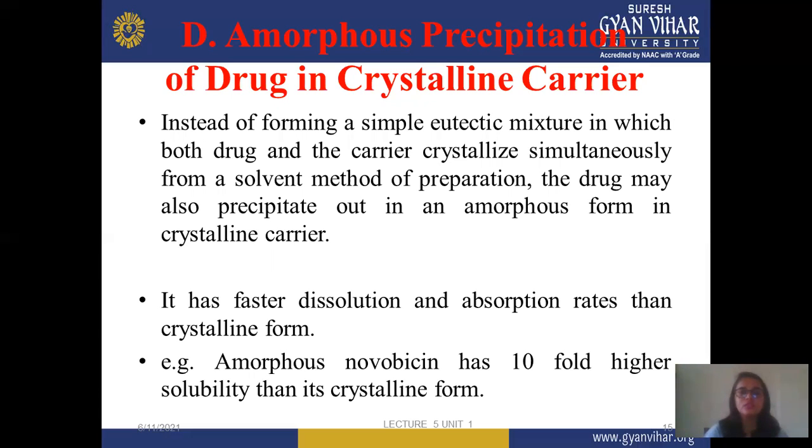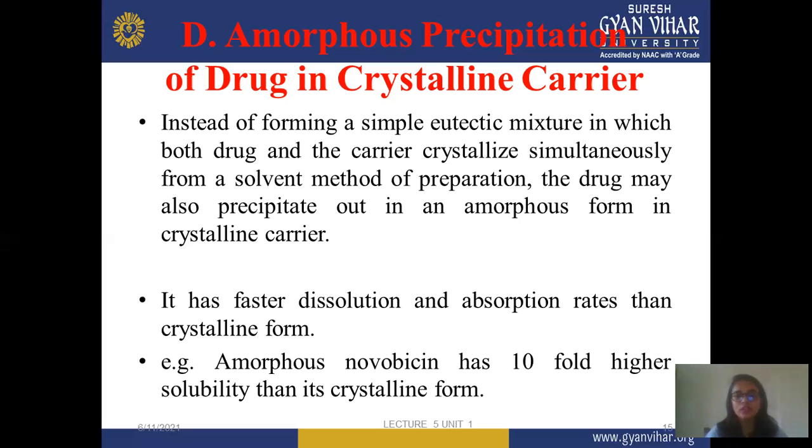Means instead of preparing a eutectic mixture, where we take two compounds, solute and solvent, both in a solid state, you take another solution, and the drug may precipitate out in amorphous form in the crystalline carrier. There may be chances it is converted into amorphous form or maybe crystalline form.